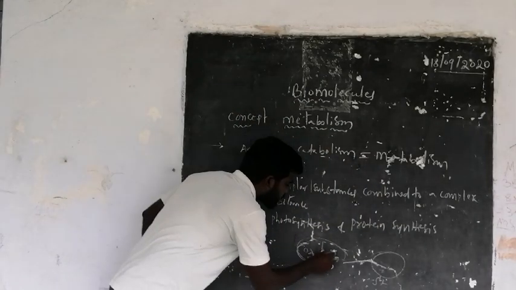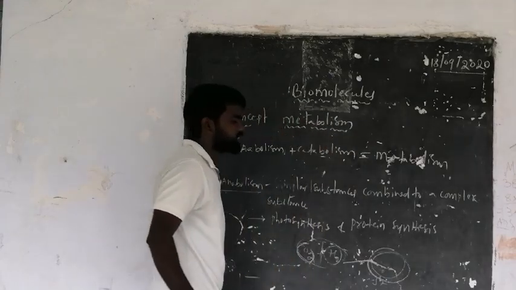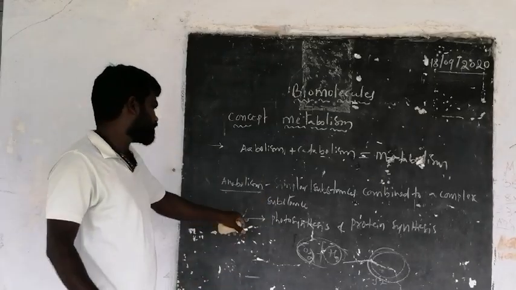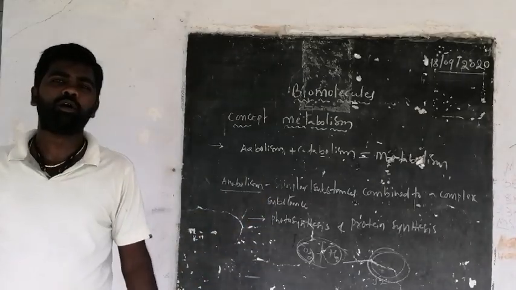Constructing a complex substance is called anabolism or anabolic reactions.